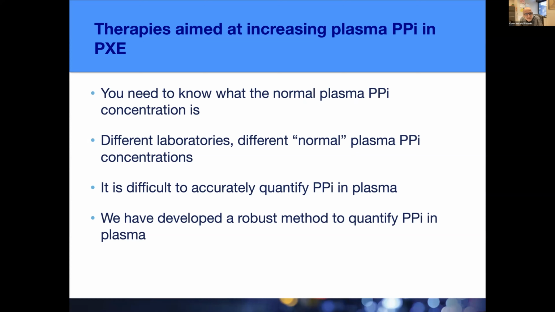But the problem is that if different laboratories determine what's normal, they find different values for the plasma pyrophosphate that's supposed to be present in unaffected individuals. And that's caused by the fact that it's very difficult to accurately quantify this molecule, pyrophosphate, in plasma. And over the last 1 or 2 years, we have developed a robust method to try and overcome this problem.